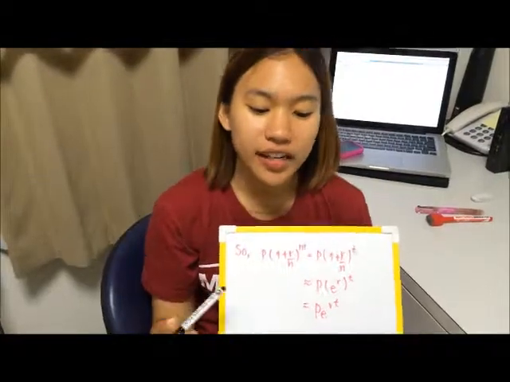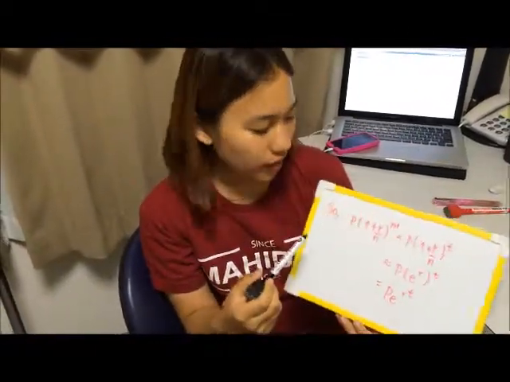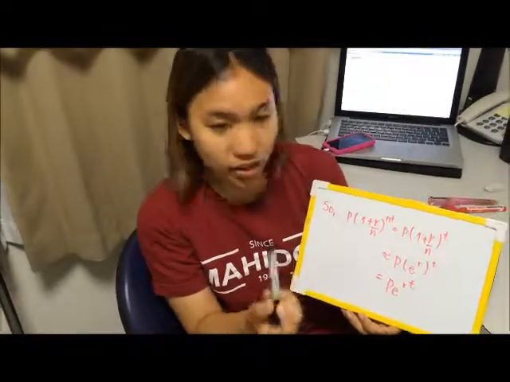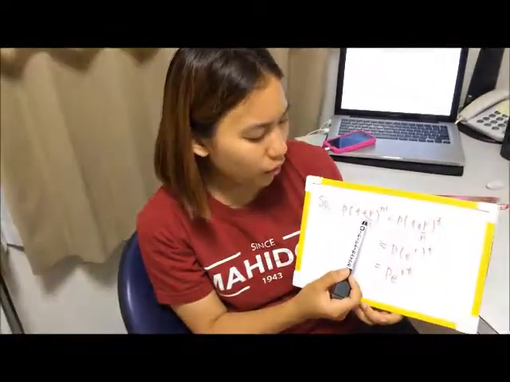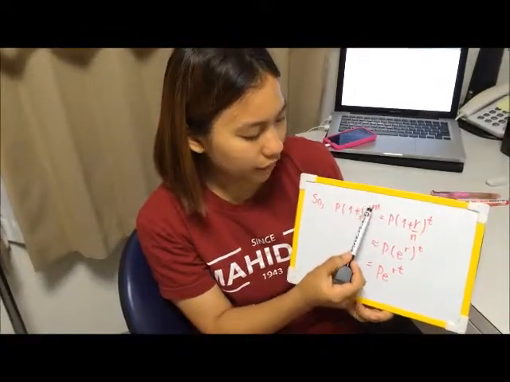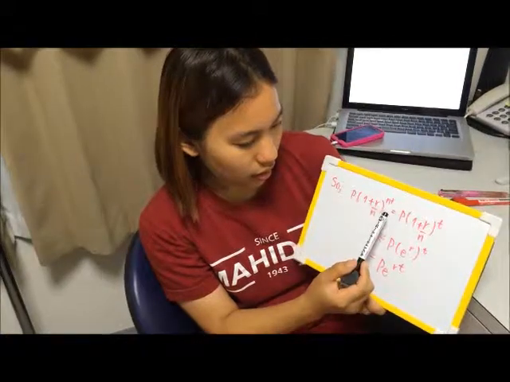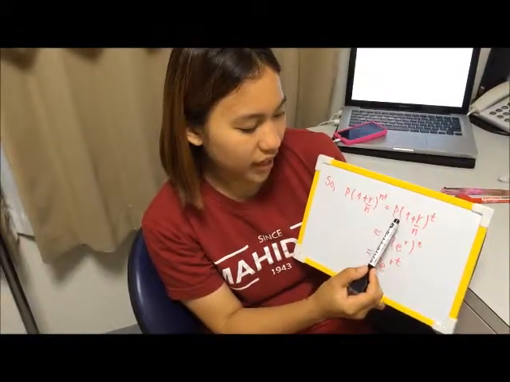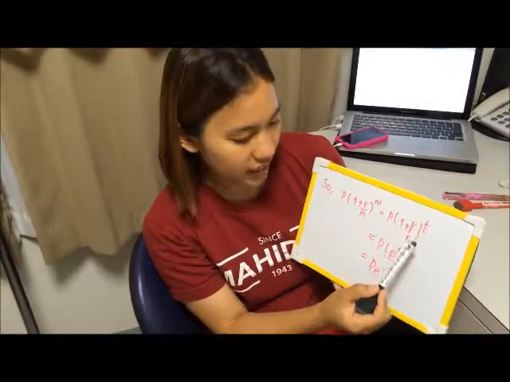If N is much greater than R, the equation will be P(1 + R/N)^(NT), which equals P[(1 + R/N)^N]^T.